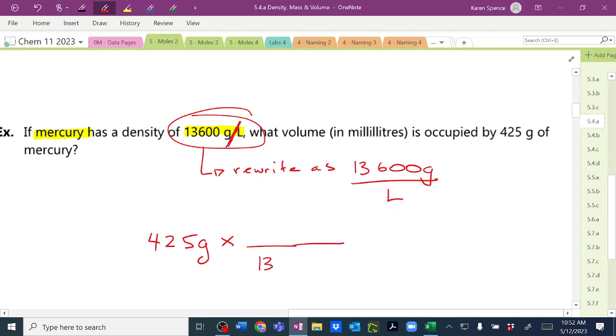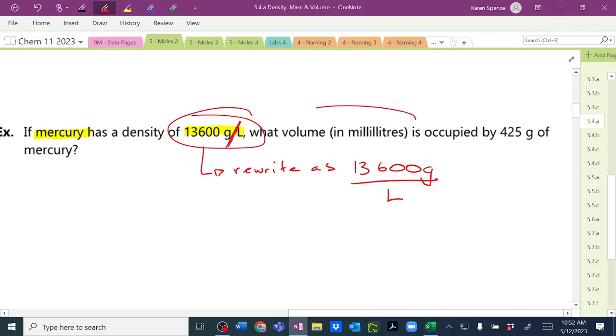They don't know that the liter should go up there. So I'm suggesting that you do this if you have problems figuring out that the liter should go up there rather than being there. Does that make sense? Okay, so rewrite it and then show me what you're solving for.